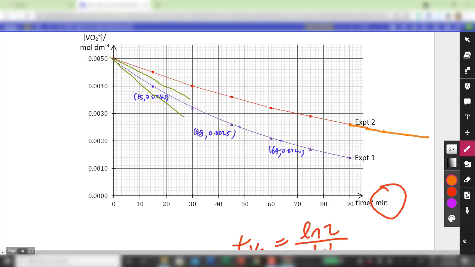The original t half is about 48 minutes, so your t half really doubles from 48 to about 96. So you can use this as an argument for first order kinetics because the t half actually doubles.